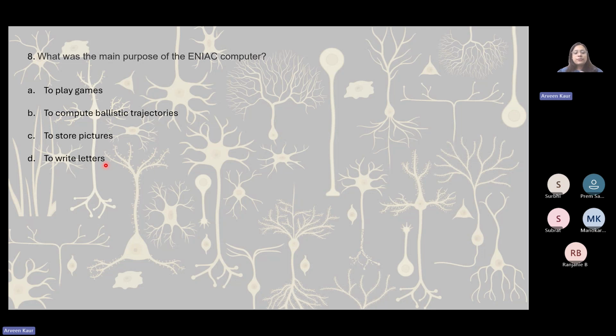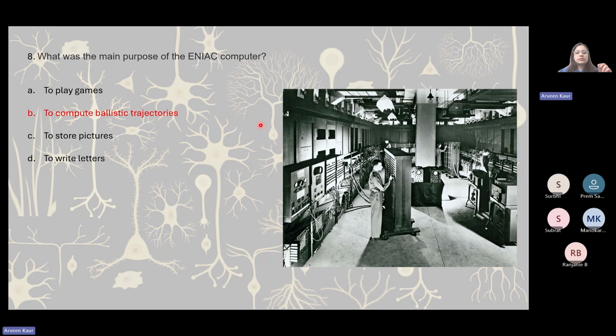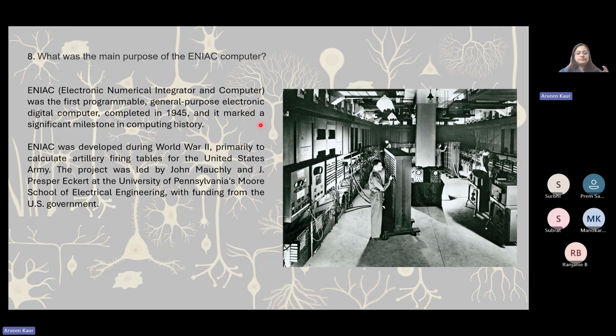It was actually proposed during the time of World War as a powerful device which could compute ballistic trajectories, right? Those missiles, how accurate, and from which coordinates the launches would be more accurate, all these things. So that was what it was proposed to do.